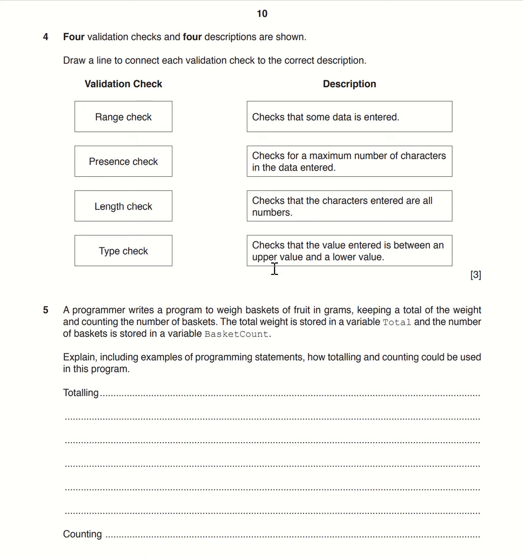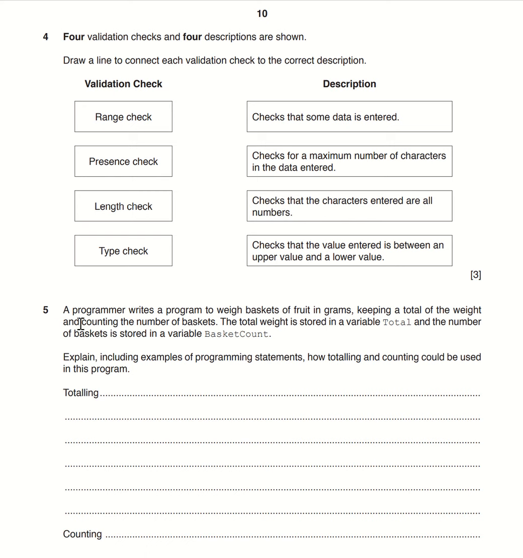A range is a value between two values, but length is the characters in the data entered. Maximum, oh sorry, checks for a maximum number of characters in the data entered. Type check checks that the characters entered are all numbers. So it checks the type. Okay.